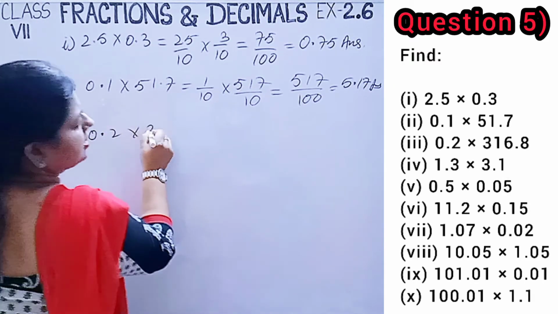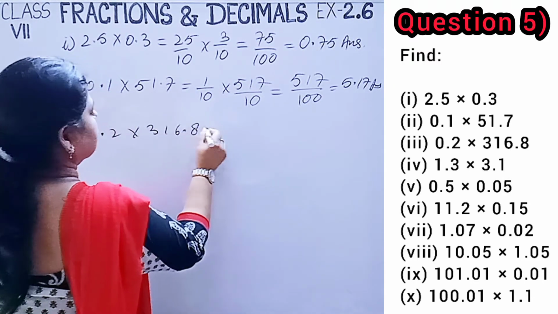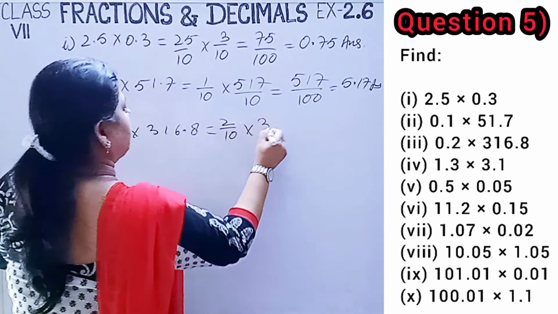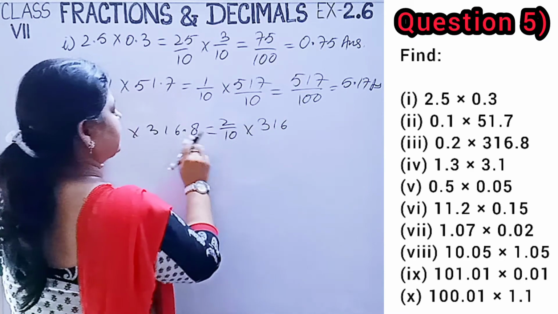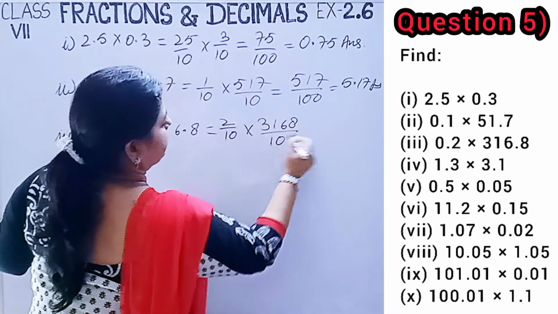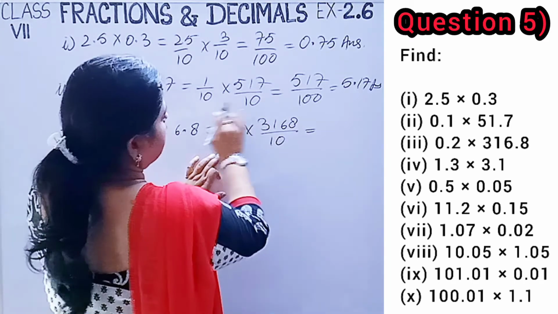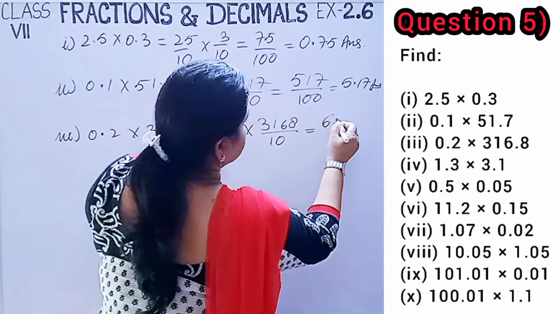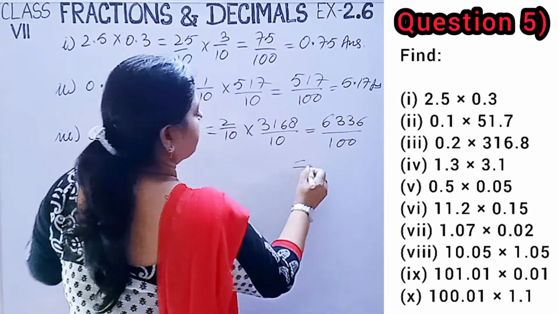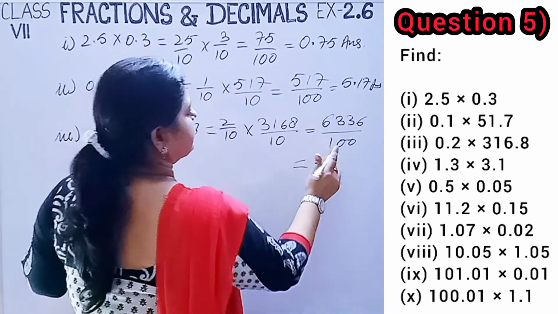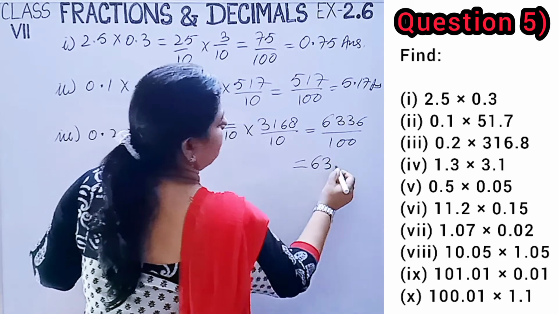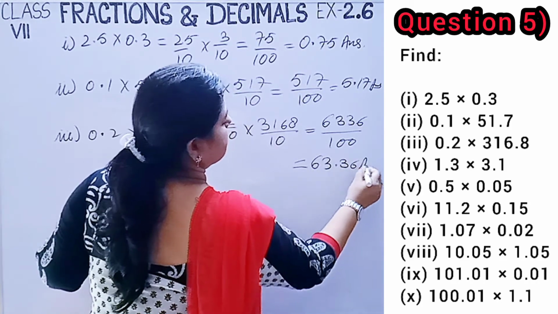Third part, 0.2 into 316.8. So 2 upon 10 and 316 point 8 will become 3168 upon 10. Now we have to multiply. So it will become 6336 upon 100. Now convert this fraction into decimal. So here 2 digits, it means we have 63.36 as answer.